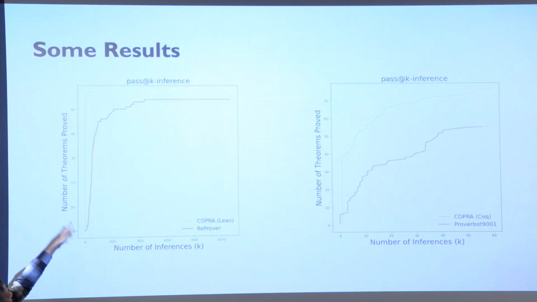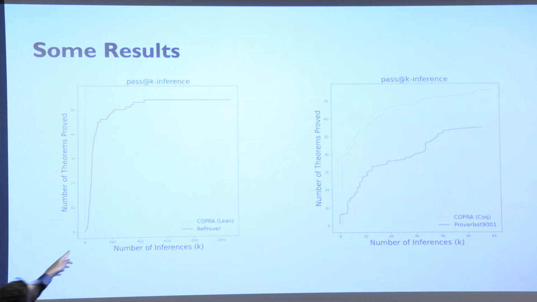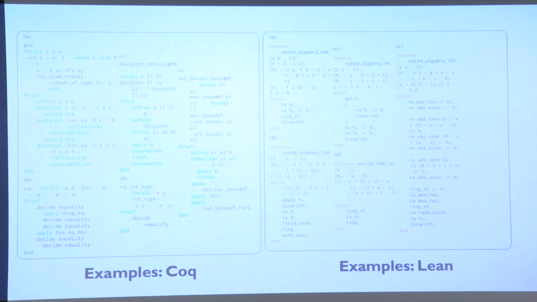But you see that it just goes up like crazy, right? So with a very small number of queries, you get a pretty sizable number of proofs. Whereas this blue curve is a state-of-the-art theorem prover that was released earlier this year. And I'll skip this one.